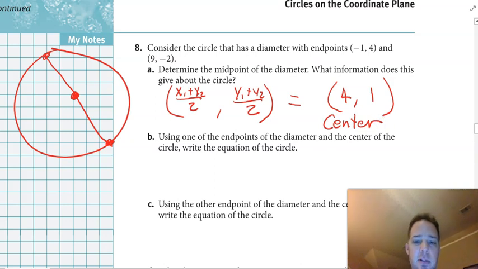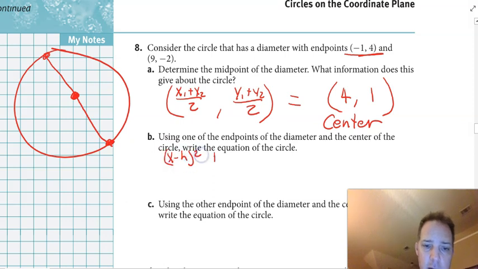Okay, using one of the endpoints of the diameter and the center of the circle, write the equation of the circle. Okay, so I'm going to plug in one of the points. Let's write the general equation to make sure we're plugging this in correctly. So (x minus h) squared plus (y minus k) squared equals r squared.